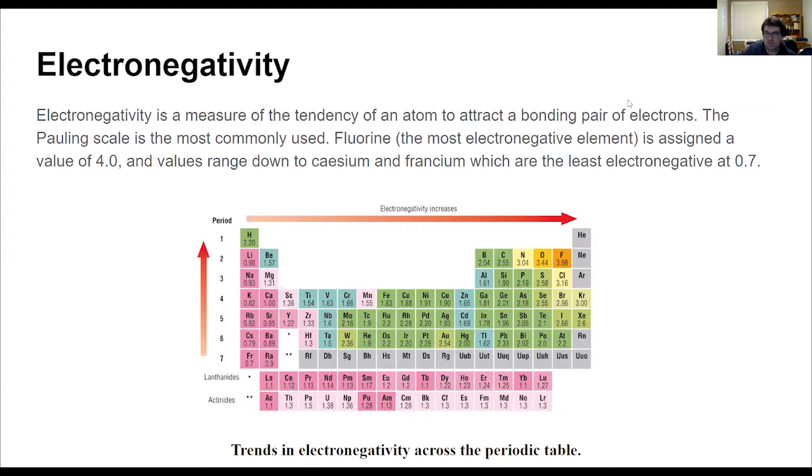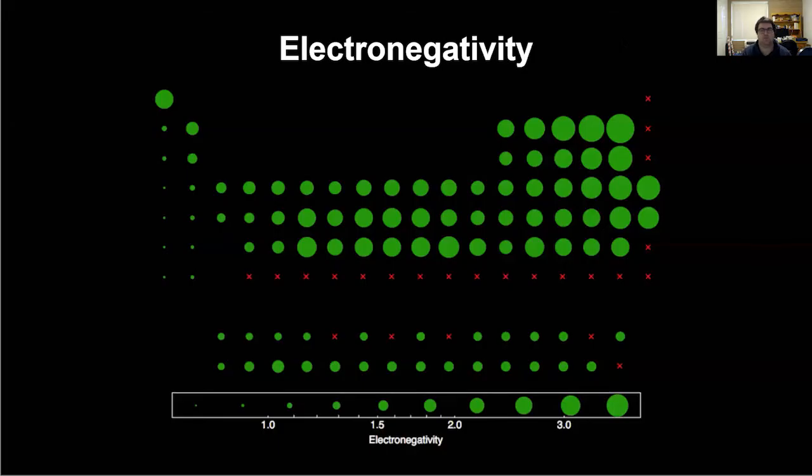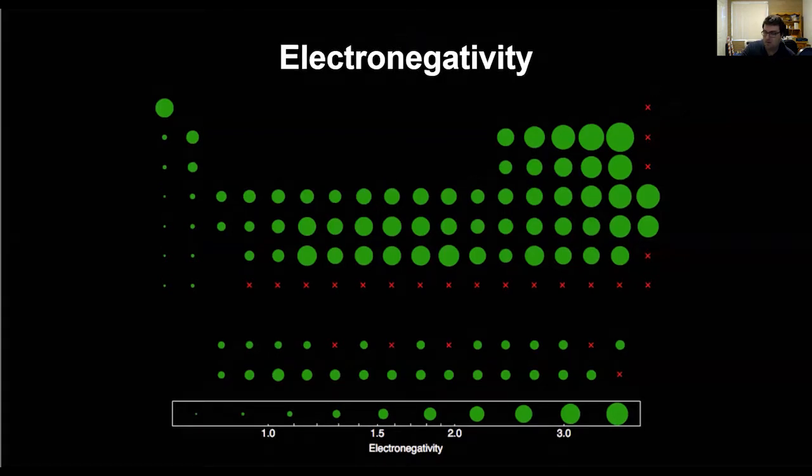A visual way of representing this is a representation of the periodic table, where the size of the green circle represents the electronegativity on the Pauling scale. You can see that fluorine, right there where the X is, is the biggest circle on the periodic table.